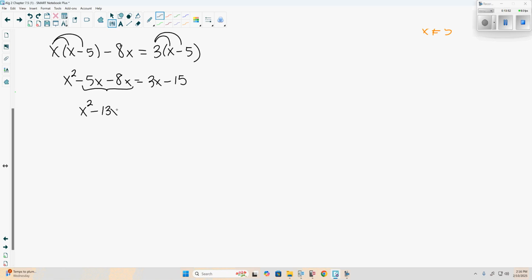We're going to combine like terms, giving us negative 13x. Now at this point here, we need to get this equation equal to 0. The main reason is because we have an x squared. First thing we can do is subtract 3x from both sides.